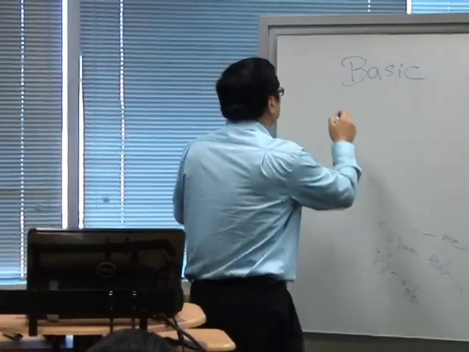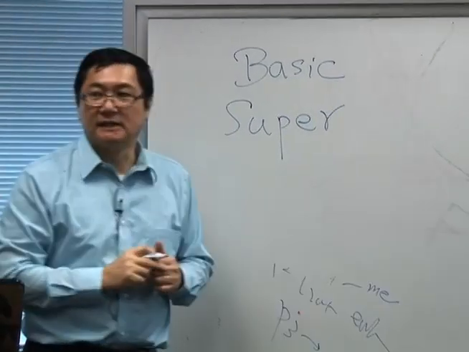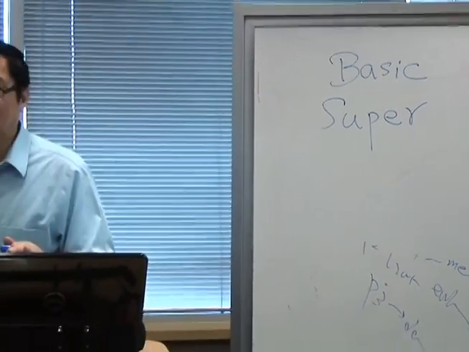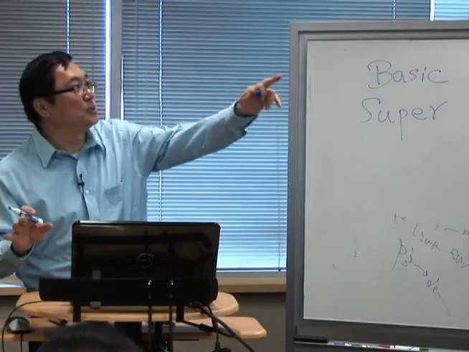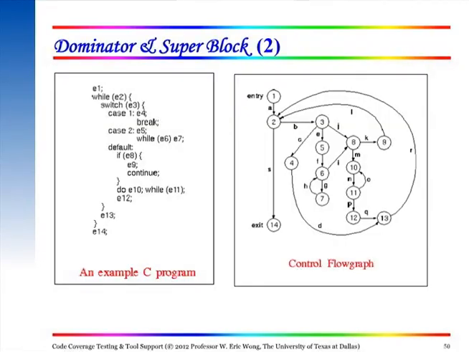You move on to super block. Now they are not necessarily adjacent to each other. Right? Look at this 1, 2, and 14. 1 is here, 2 is here, 14 is here. They're not adjacent to each other. However, from the execution point of view, they are always executed together.